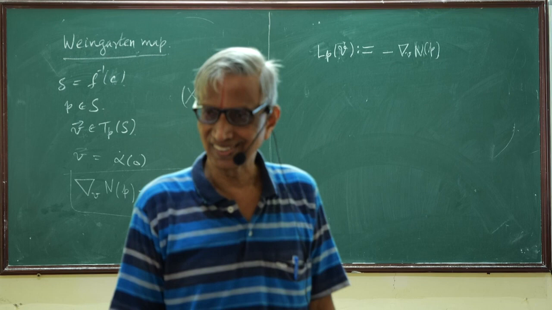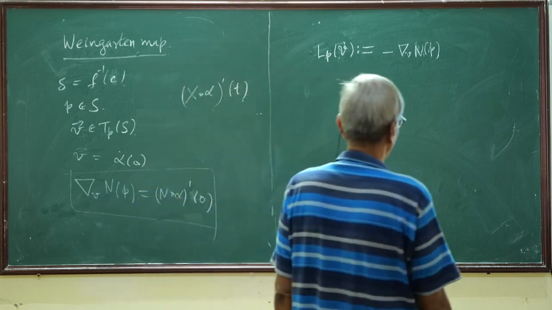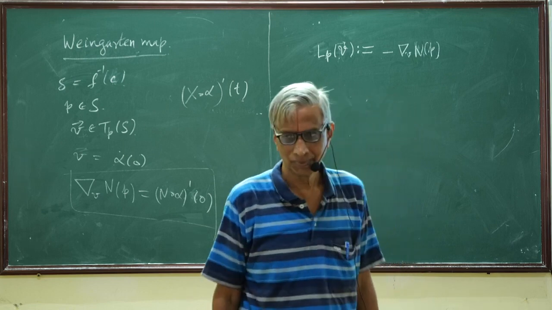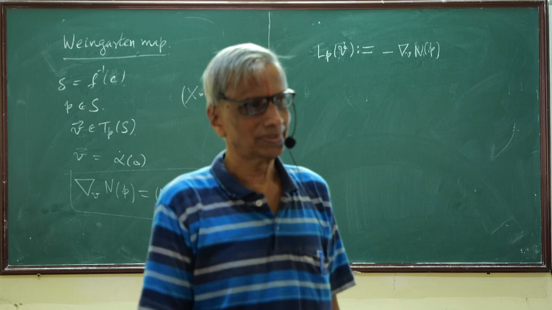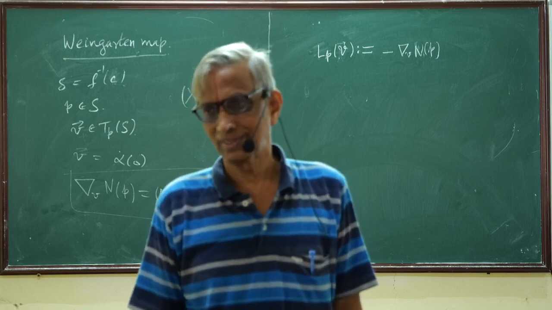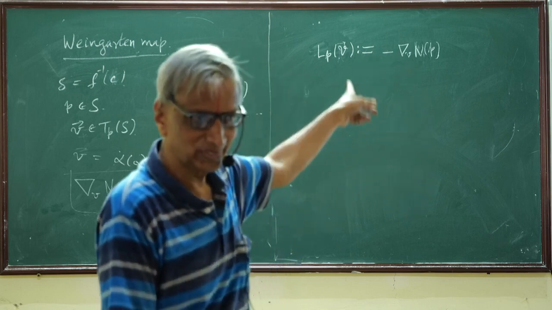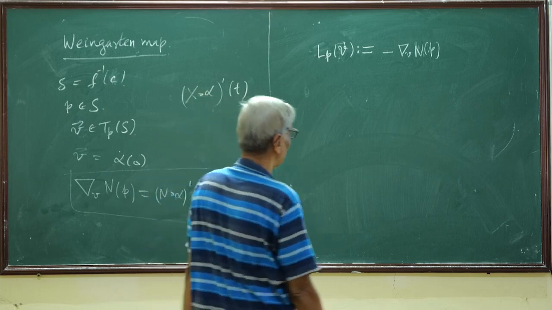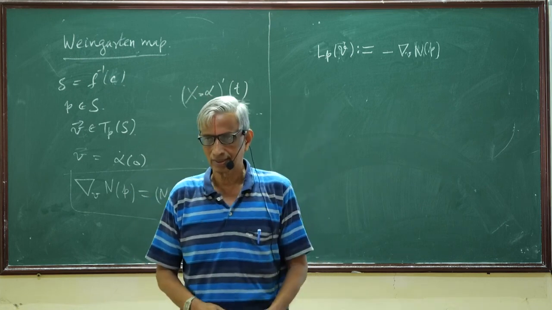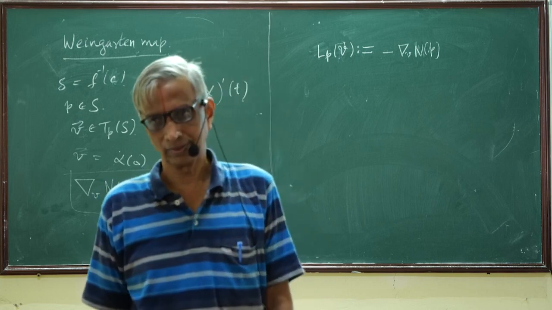Just see what object that is. One would like to ask what kind of animal is there on the right hand side. Is it a tangent vector again, or what is it?